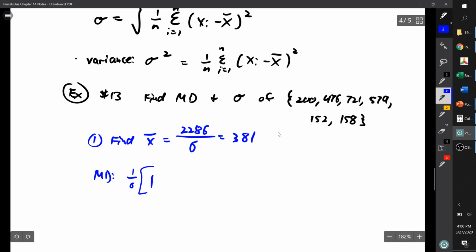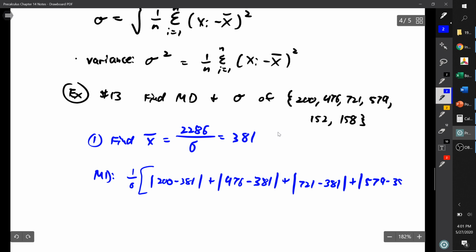So times absolute value of 200 minus 381 plus absolute value of 476 minus 381 plus absolute value of 721 minus 381 plus absolute value of 579 minus 381 plus absolute value of 152 minus 381 plus absolute value of 158 minus 381.